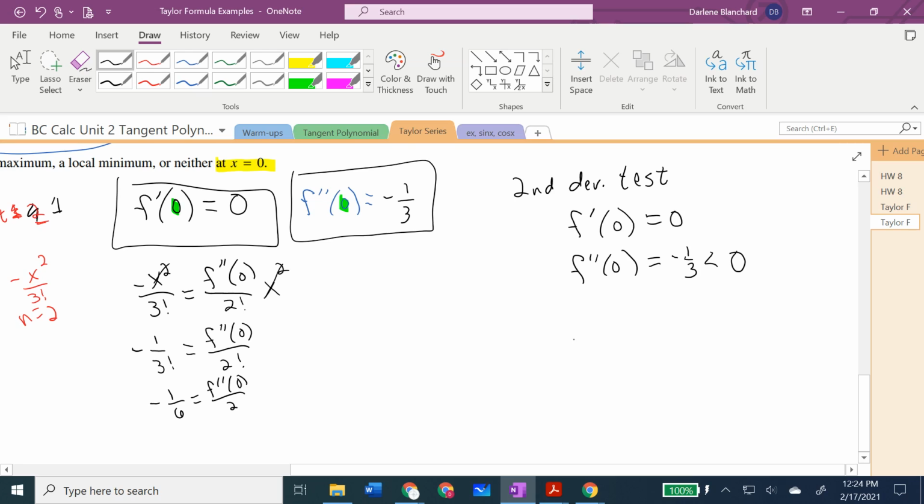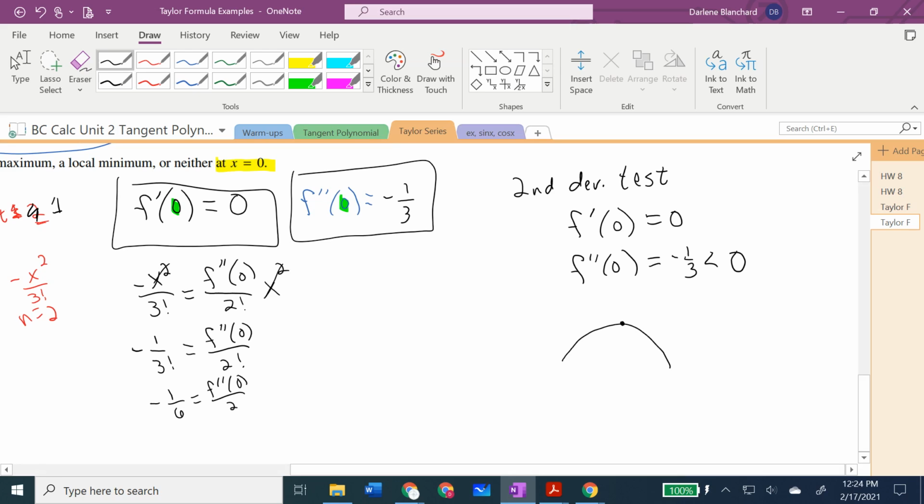Negative second derivative means concave down. Where is my slope 0 while I am concave down? My slope while I am concave down is only equal to 0 when I'm sitting up at that relative maximum.